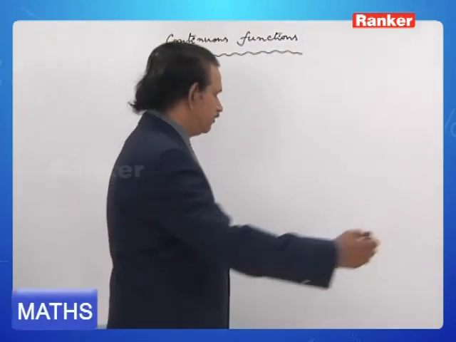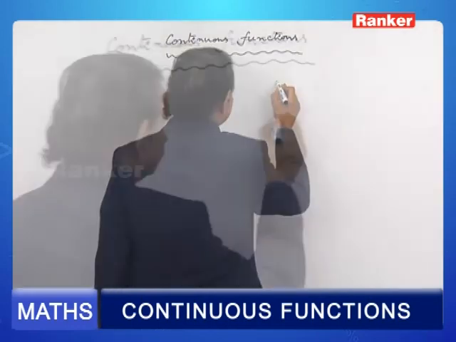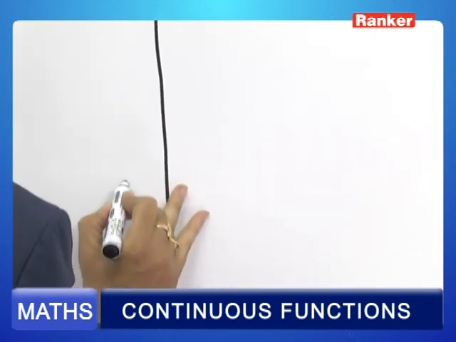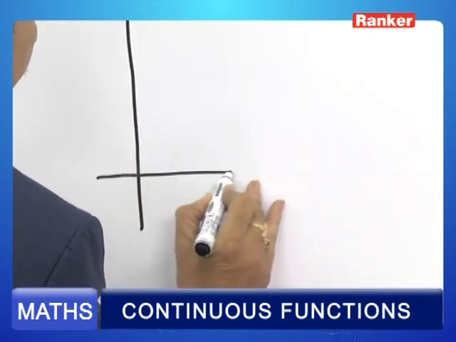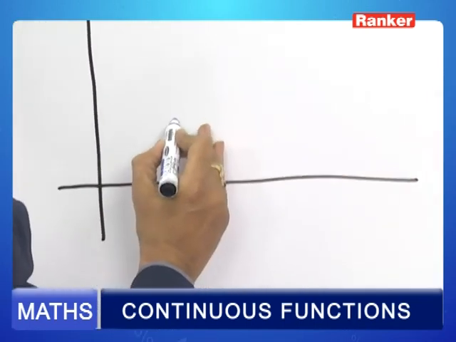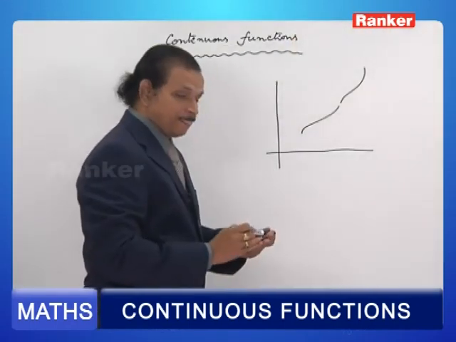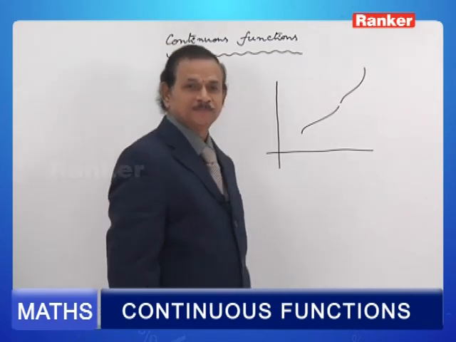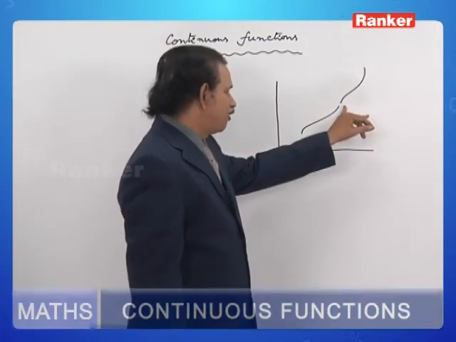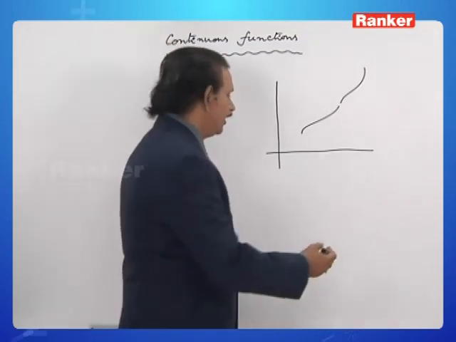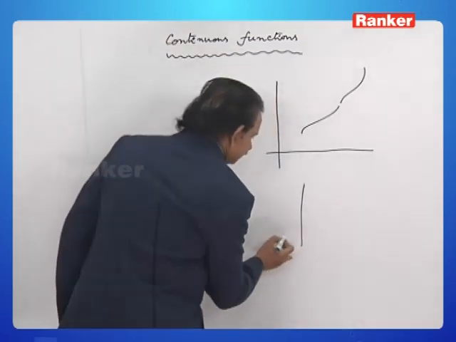You observe the graph. What do you observe? The continuity of the graph has been broken at this point. You observe another graph.